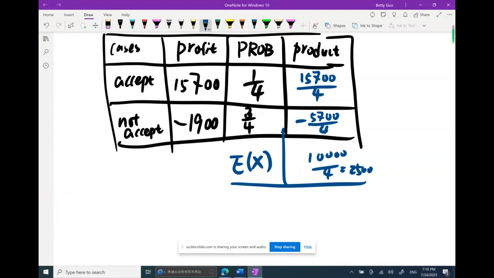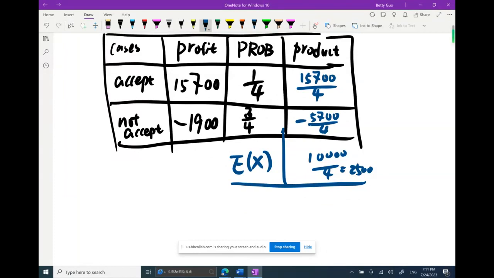Yeah, because the denominator is 4, numerator 15,700. So minus 3,700, you remove that, you have 10 grand. 10,000 divided by 4, we have 2,500. Let me double check the result.